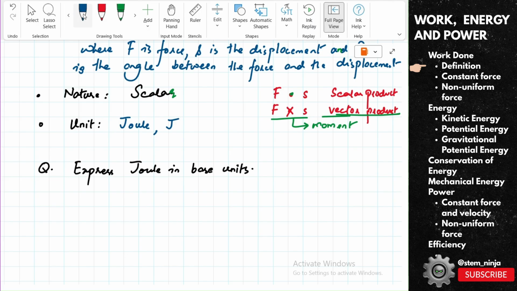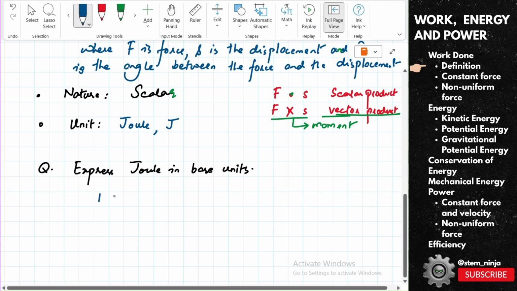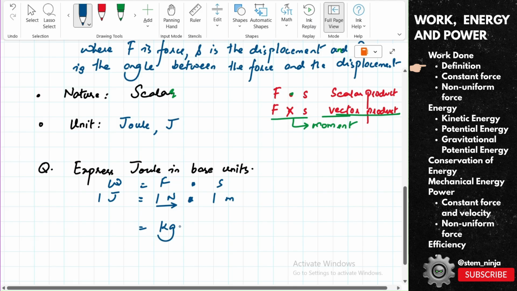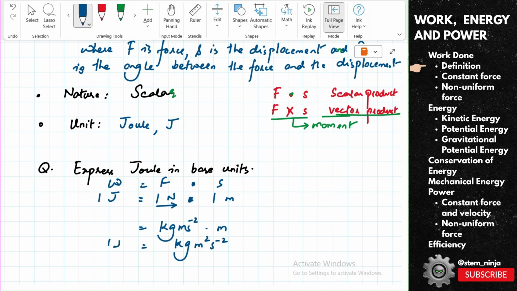Let's see how we can do that. We know that 1 joule comes from 1 Newton of force times 1 meter displacement, and work is equal to force times displacement. Force is basically kg meter per second squared, times meters. So this simplifies to kg meter squared per second squared.